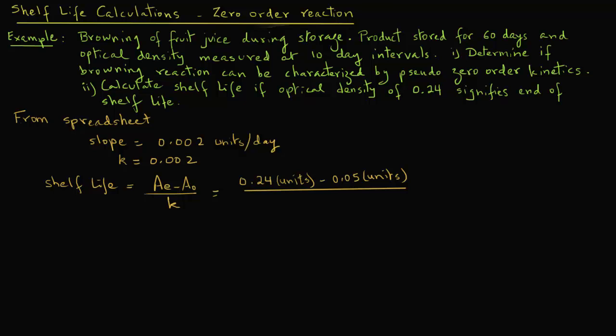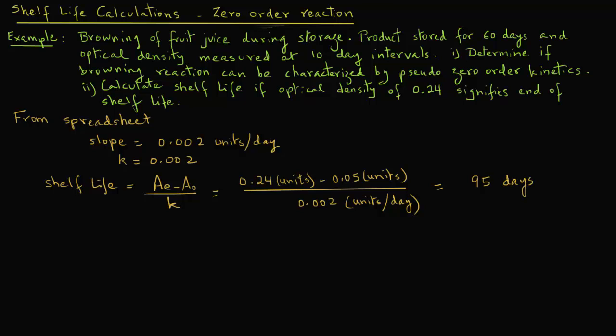This was from the experimental data that was provided to us, divided by the rate constant that we just obtained as 0.002. This gives us the value of 95 days for the shelf life.